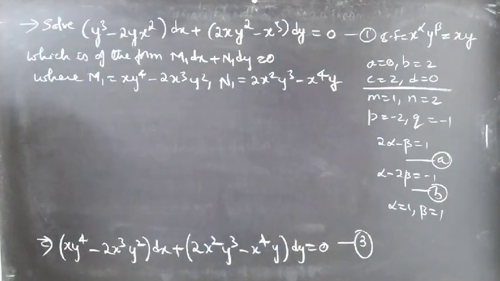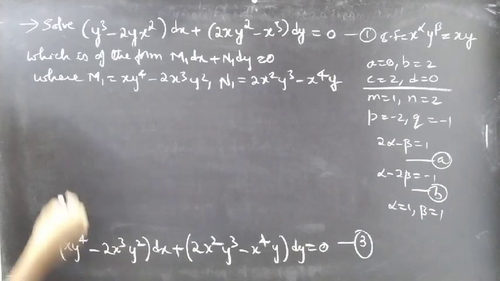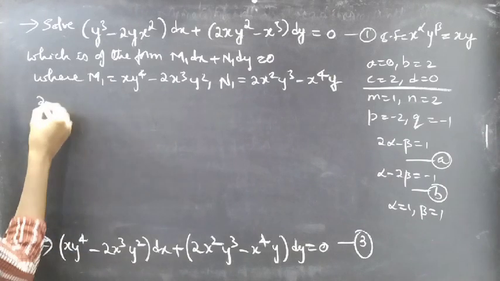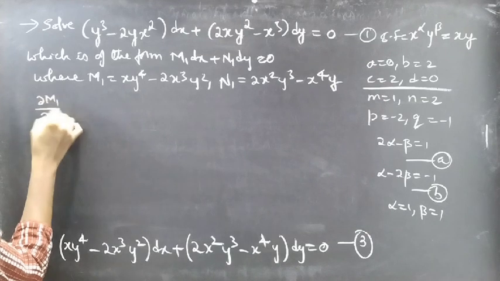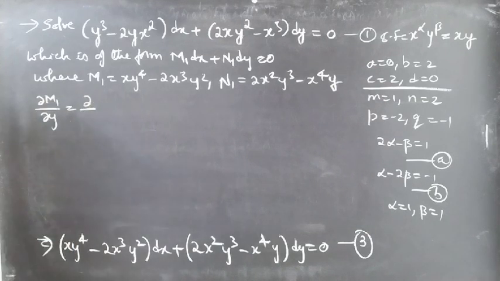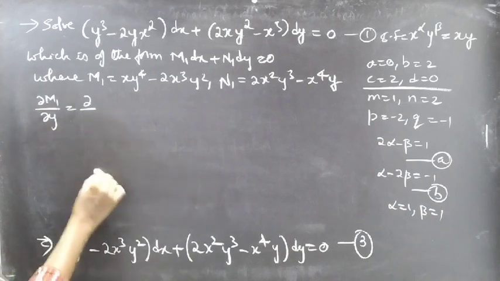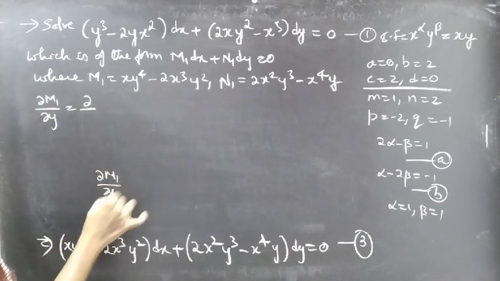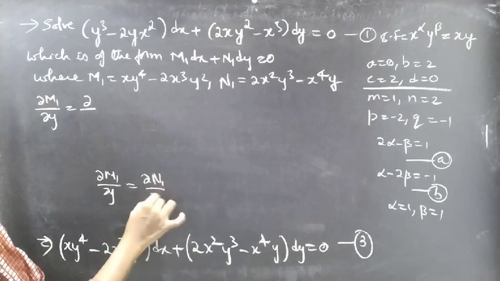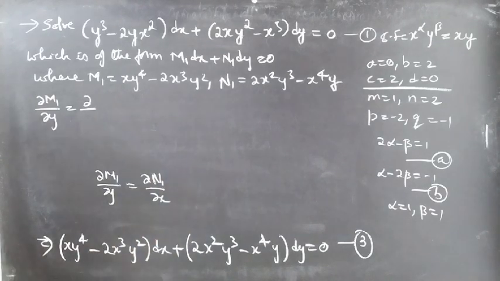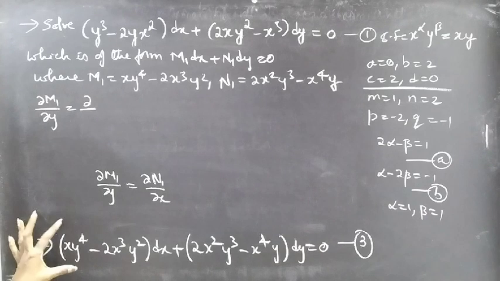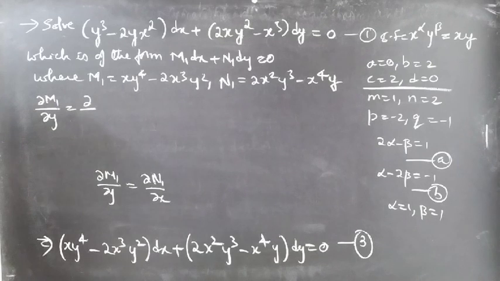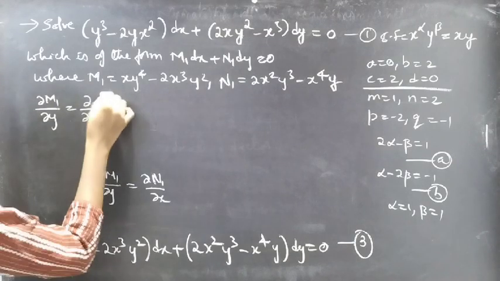Let's check whether the reduced equation is exact or not. So that we'll find partial derivative of m1 with respect to y and partial derivative of n1 with respect to x. If partial derivative of m1 with respect to y equal to partial derivative of n1 with respect to x, then we can say that the reduced equation is exact, and later we'll find the general solution of this exact equation, okay, if it's exact. Let's see. Firstly, we need to check whether it is exact or not.